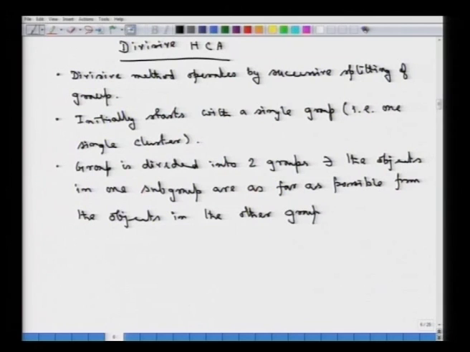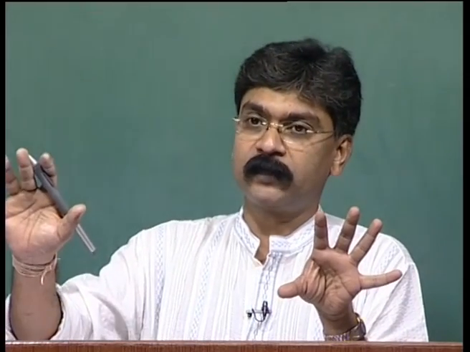So, at the first step we try to split the single group into two groups, so that the objects in one group look as much different as possible from the objects in the second group.